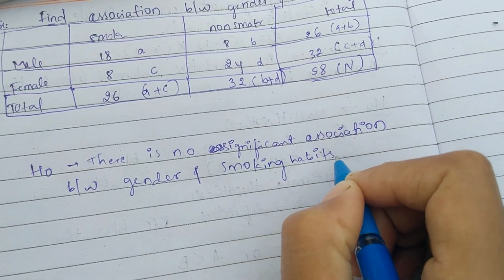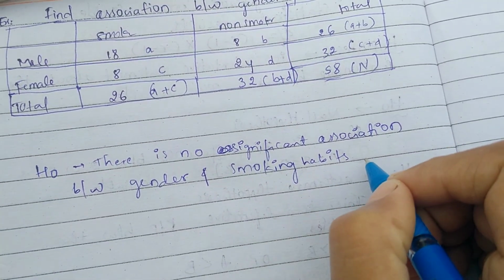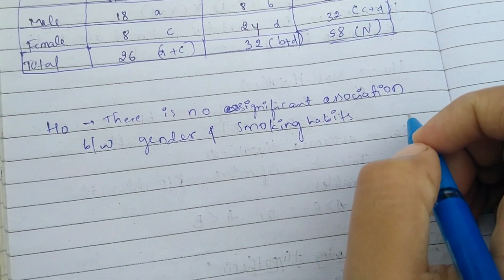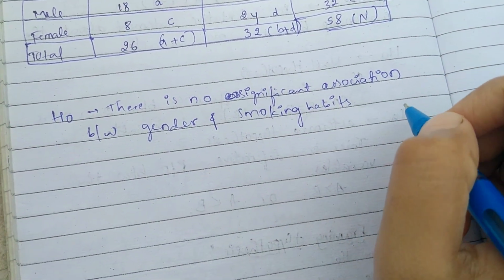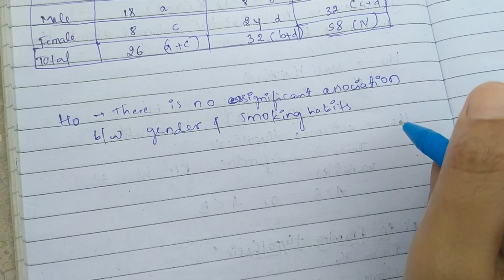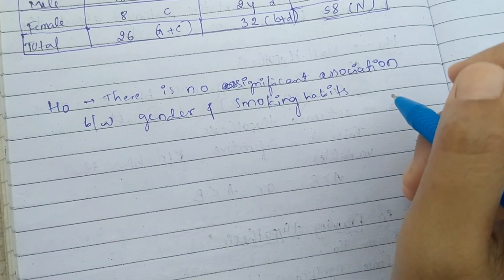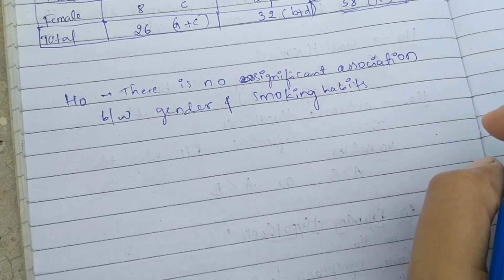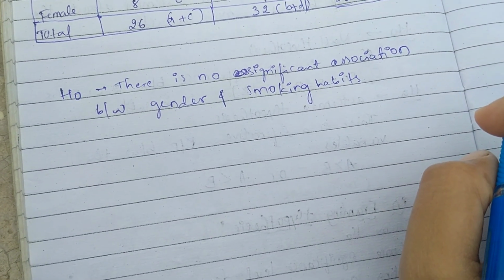After framing this hypothesis and calculating everything, we'll compare the table value and the calculated value, and then frame another hypothesis, the final conclusion hypothesis.